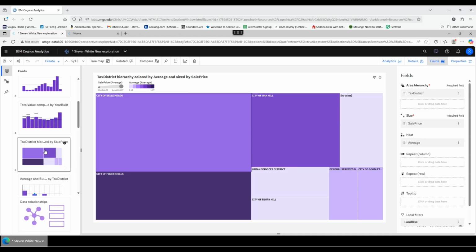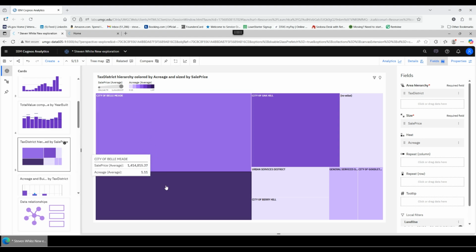My final visualization: if you're looking to buy a house and you like space, you may be concerned with acreage. So the heat map is based off of acreage.